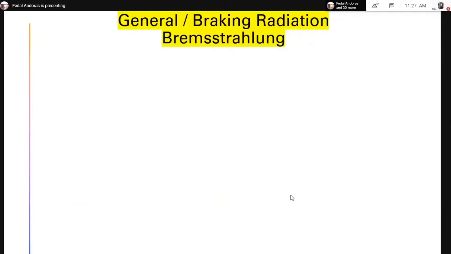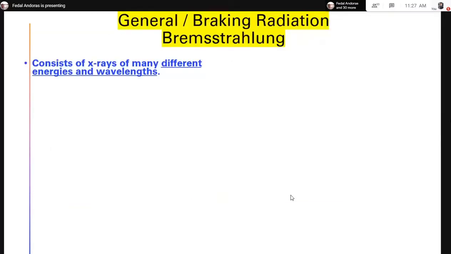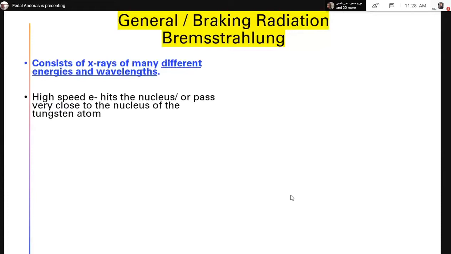So the general one consists of X-rays of many different energies and wavelengths. The beam of X-ray photons produced in this way contains different energies and wavelengths. Based on what? This is the main thing.